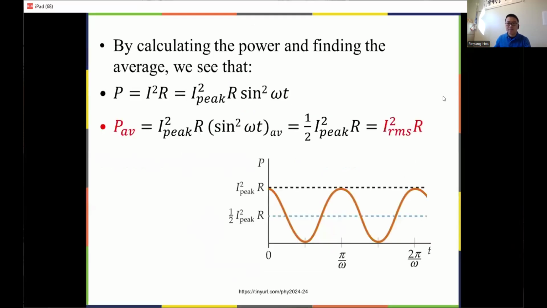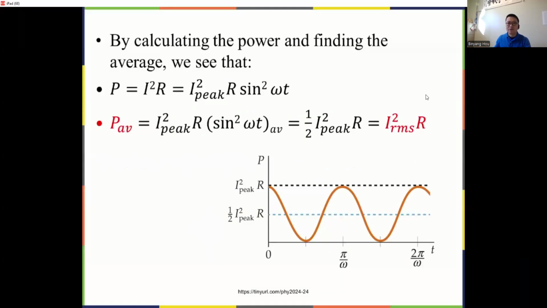If we calculate the power consumed by this resistor, we can use I squared times R, where I is the sine function that we saw earlier, I peak times sine omega t.